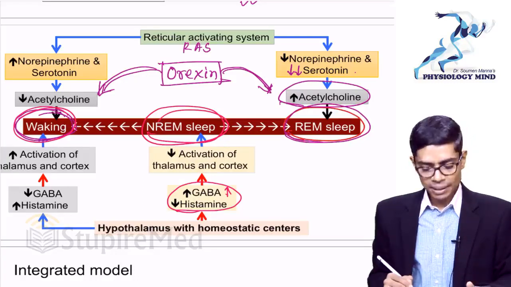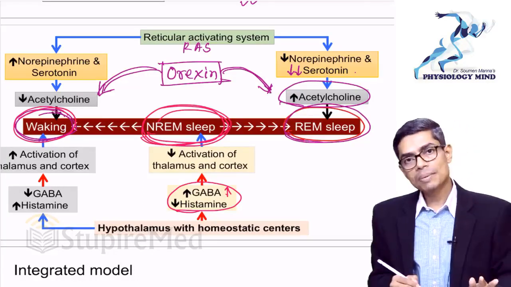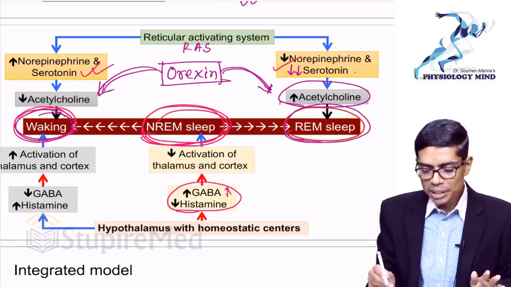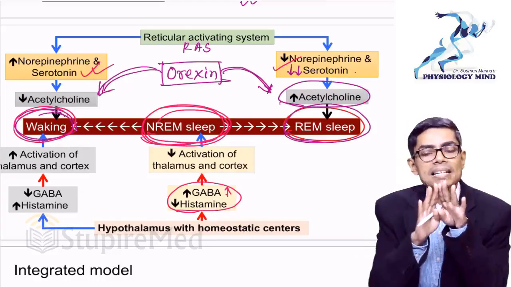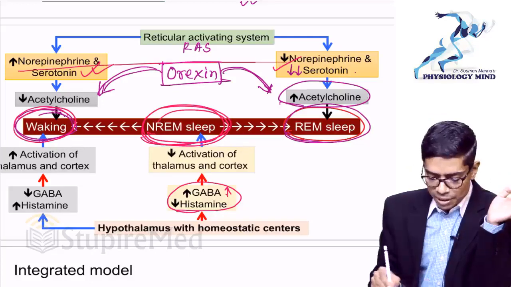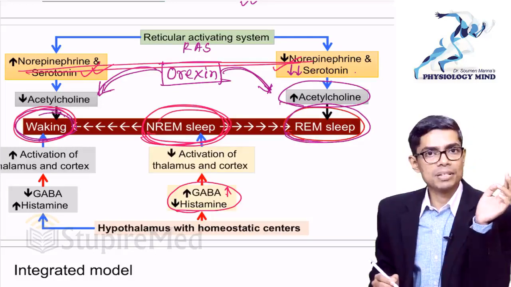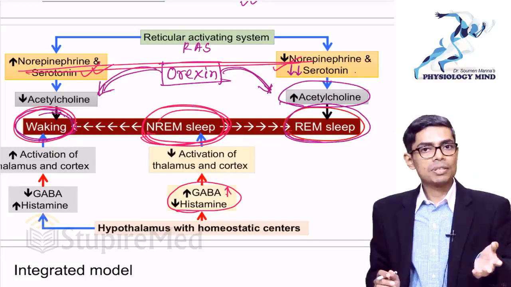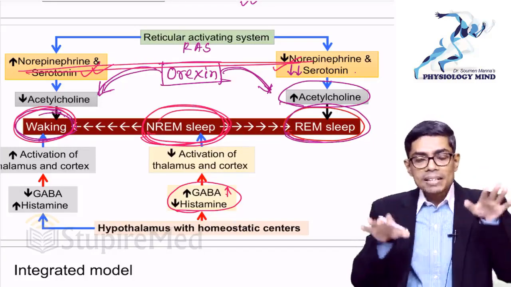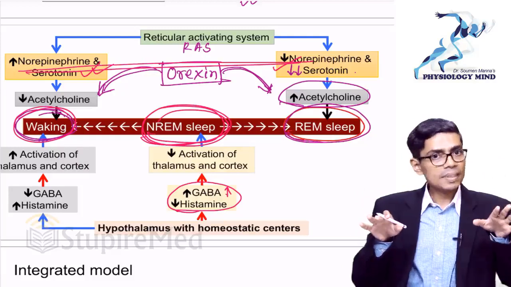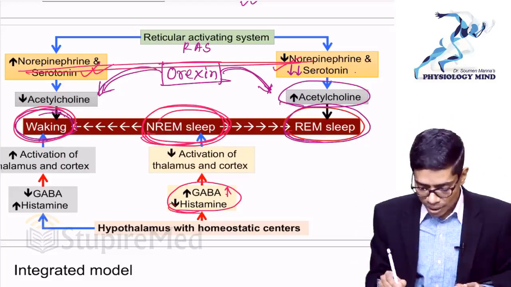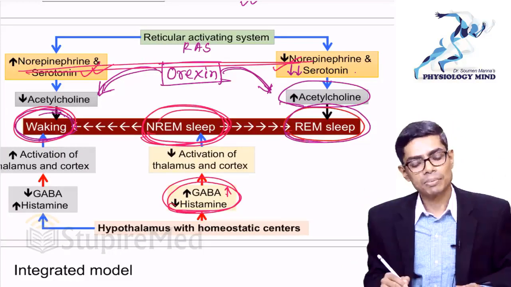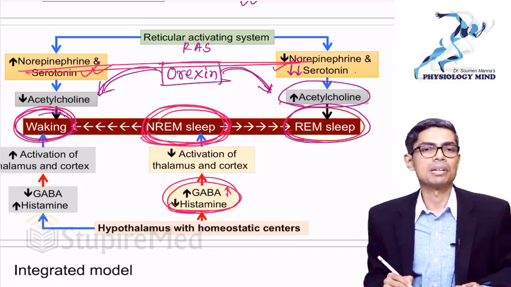When the person is entering into the non-REM stage, what is the condition of these neurotransmitters? There is a perfect balance between these neurotransmitters during the non-REM stage. Means the norepinephrine is still there, serotonin is also there, acetylcholine is also there, but there is a balance between them. Along with that, your GABA is high and histamine is low. You will enter into the non-REM sleep stage.